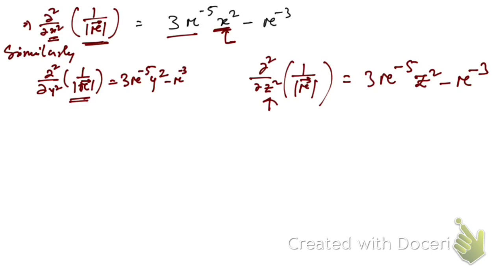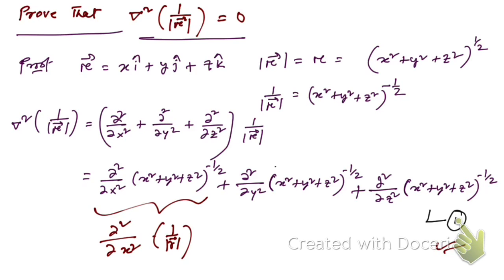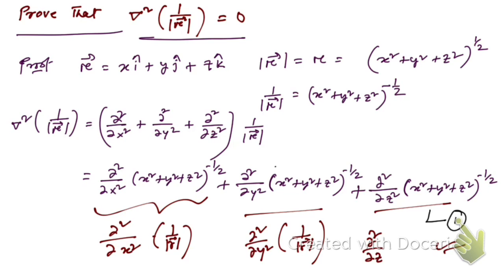Now let us use this result in equation number 1. Let me go back to the previous slide and put this result here. This is nothing but del 2 del x2 of 1 by mod of r. Similarly this is also del 2 del y2 of 1 by mod of r, and this one is del 2 del z2 of 1 by mod of r.